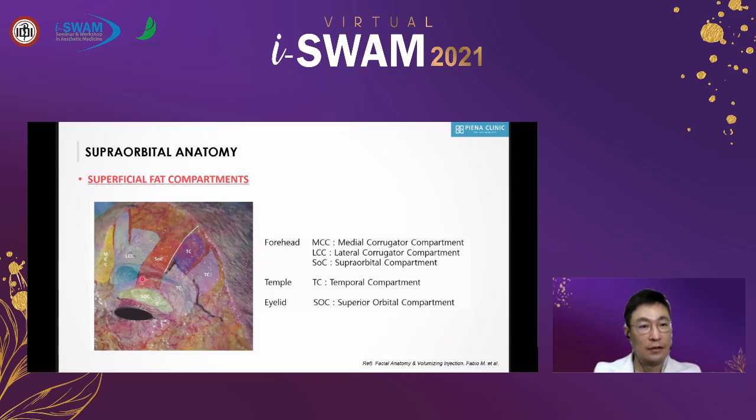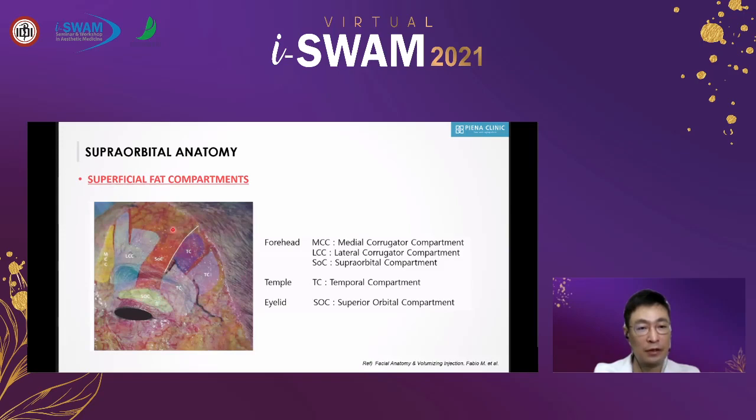Okay, this is the supraorbital anatomy. Usually the target fat layer is the subcutaneous fat layer. Looking at the cadaver dissection, the superficial fat compartments where the threads are inserted and pulled are usually this area, the supraorbital compartment, and also the temple compartment.